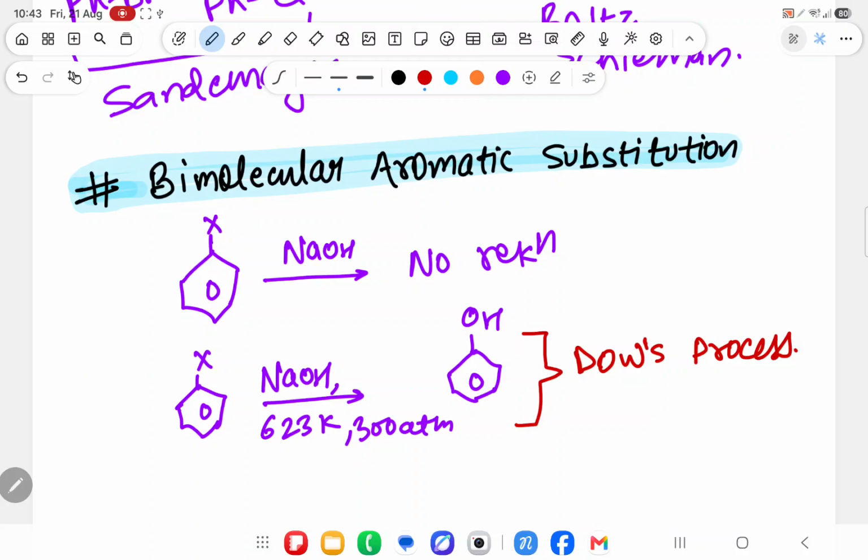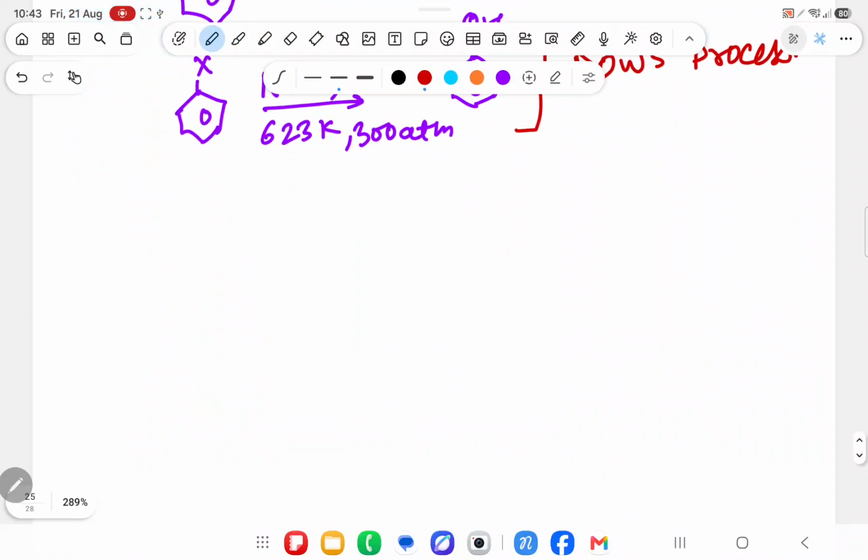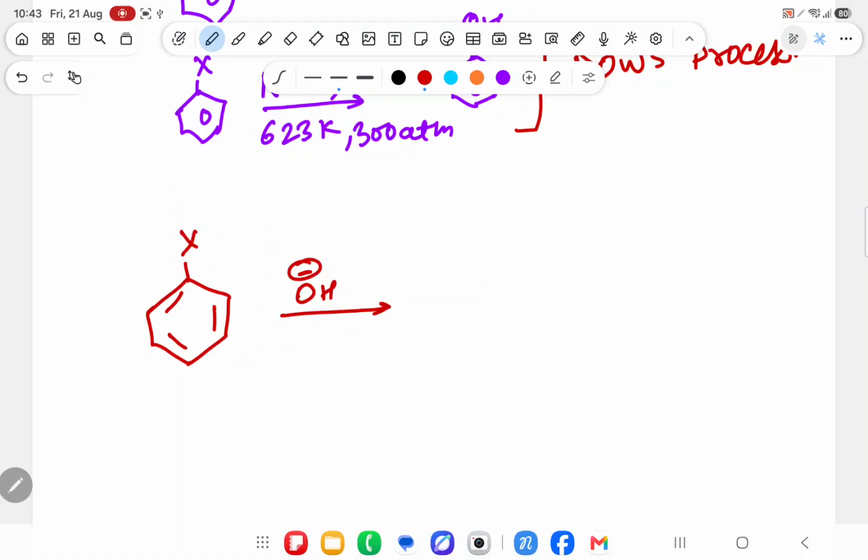Okay, what is happening in this part? Dow's process mechanism. Over here you have aryl halide, one double bond, one double bond, one double bond. Over here X is there. OH- will come. X is little bit more electronegative, so it will get delta minus, and little bit delta plus will come.